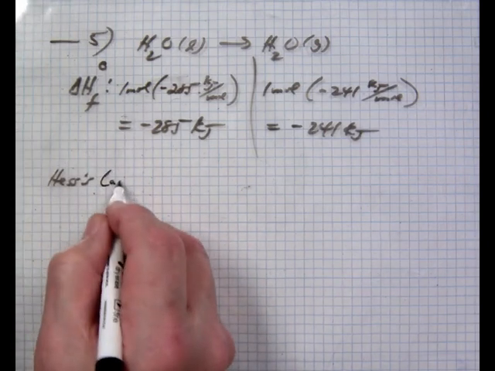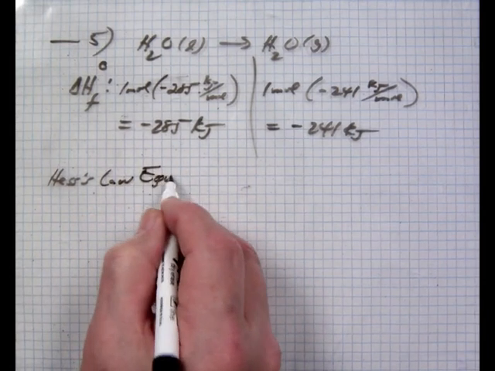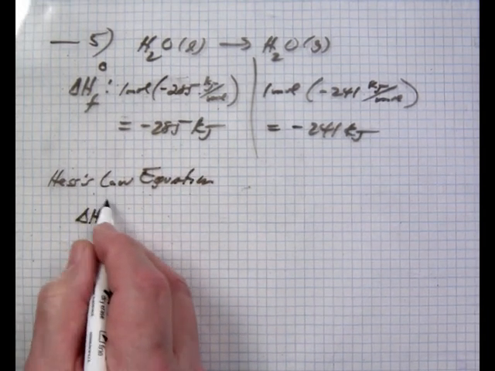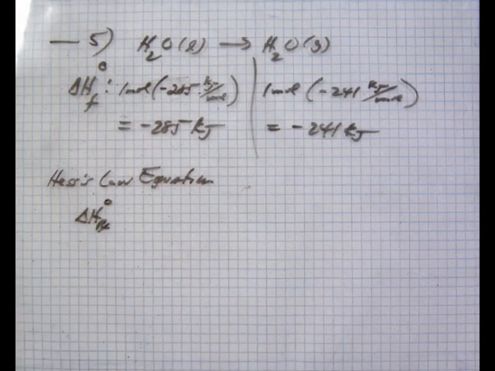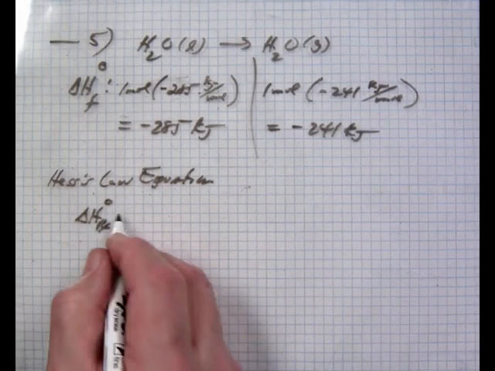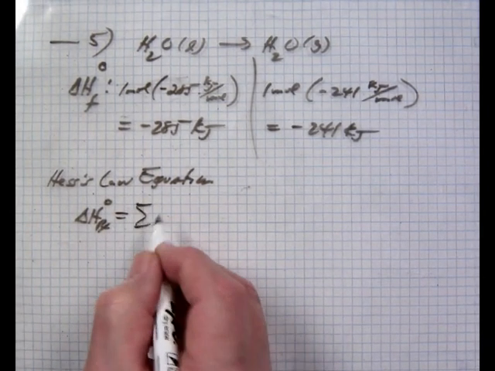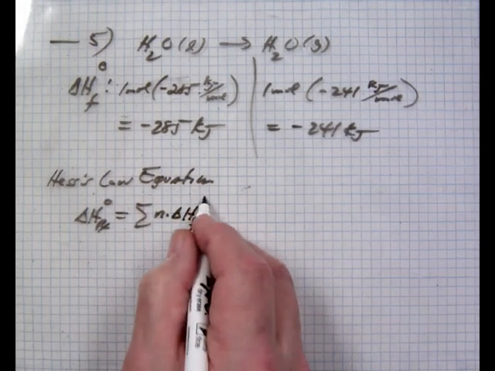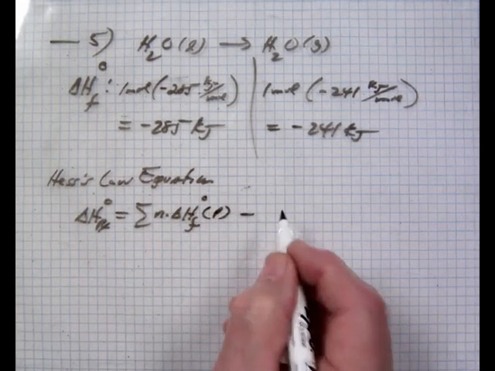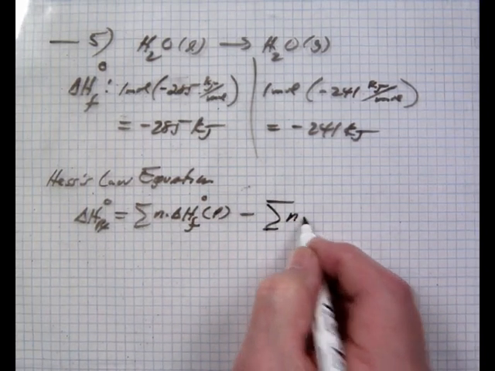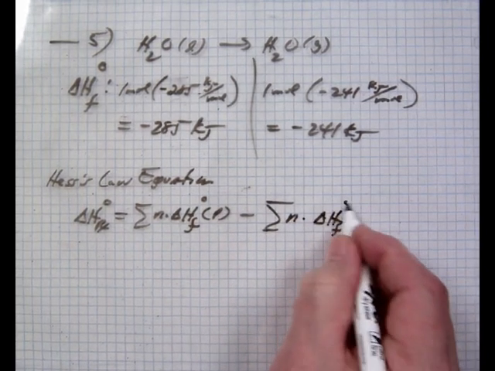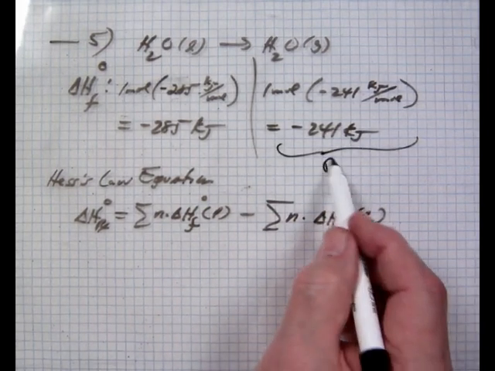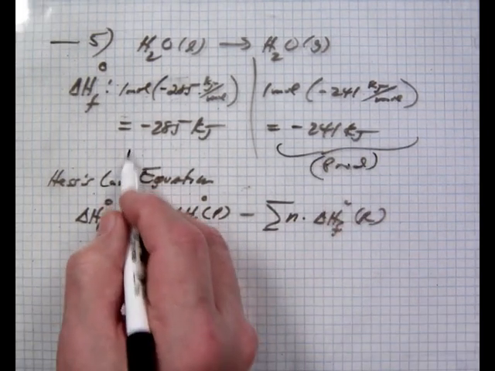But Hess's law equation is the heat of reaction under standard conditions, that's 25 degrees and 1 atmosphere, is the sum of the moles of the standard heats of formation of your products minus the sum of moles of standard heat of formation of the reactants. So here we have the products and reactants.